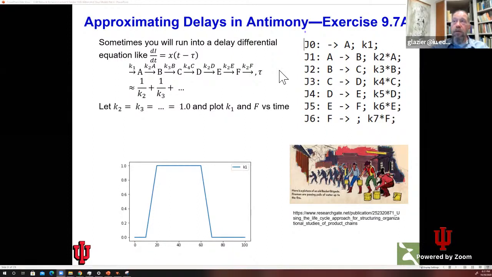So what I want you to do now is write the equations we have here in antimony. Just plot K1 and F. And start out with all of your K, K2, K3, K4, K5, K6, K7 equal to 1.